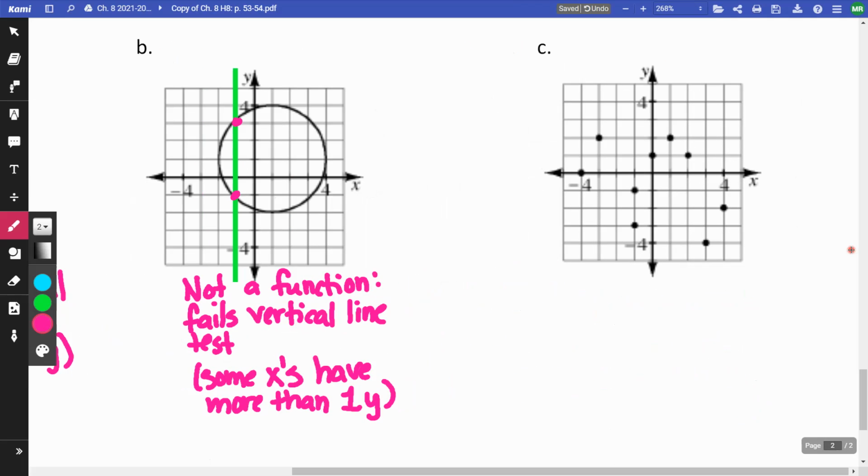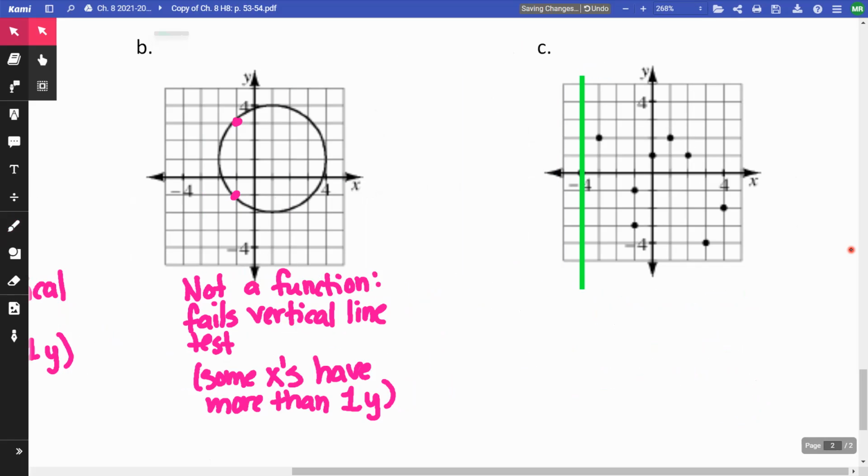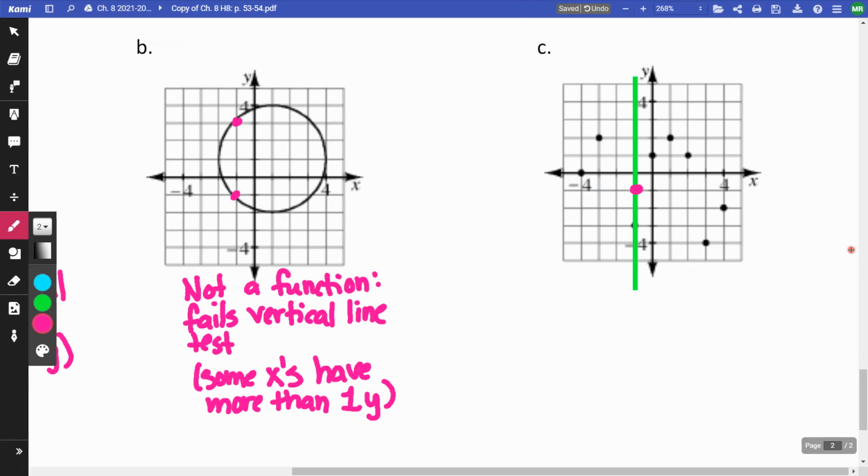And then on this last one here, we have a bunch of points. So as I come here, okay, at -4, that's okay. -3 is okay. But when I come here to -2, what's happening is it touches at 2 places.